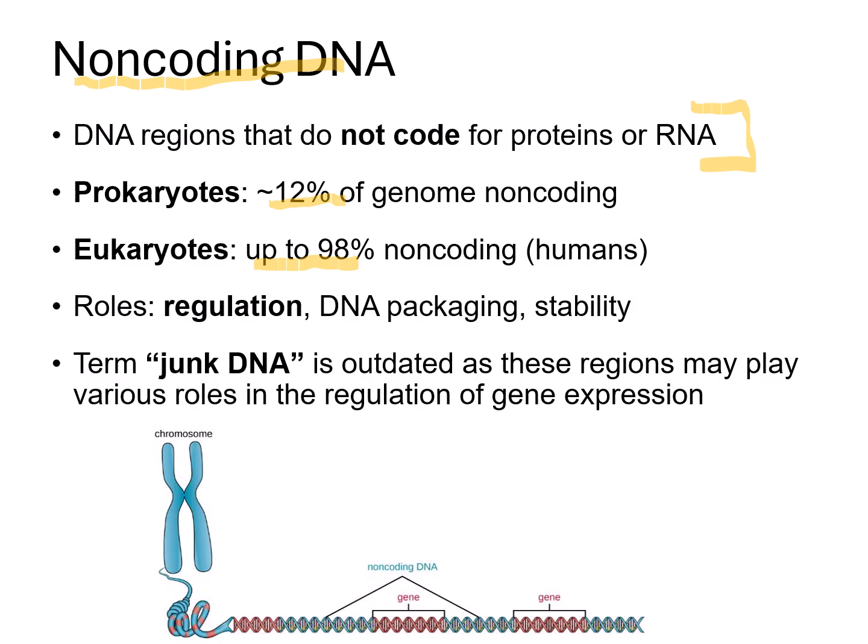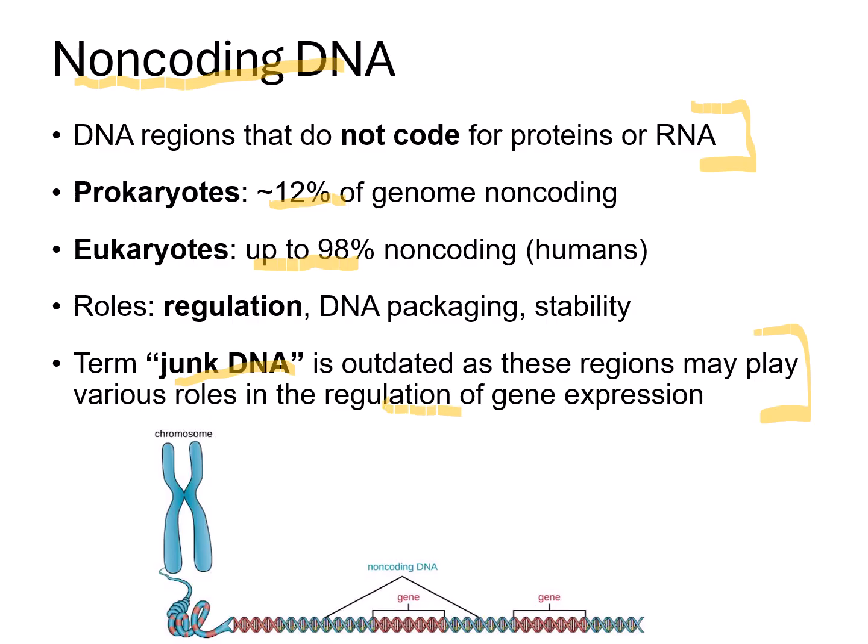This information does not code for proteins or RNA. These regions are involved, we recently discovered, in regulation of gene expression, in DNA packaging, and in stability. And we used to call it junk DNA, but now we know that that's not true.